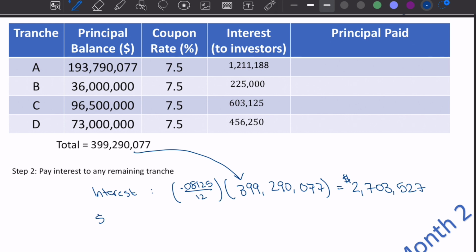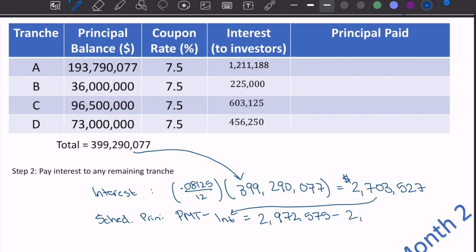I can get my scheduled principal, and my scheduled principal should be my payment minus my interest number. So my payment was $2,972,575 minus the number we just got. So I have scheduled principal of $269,048.